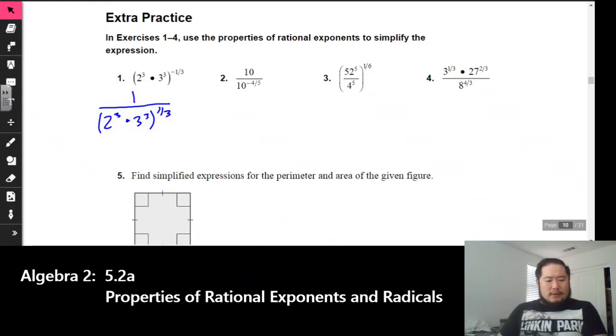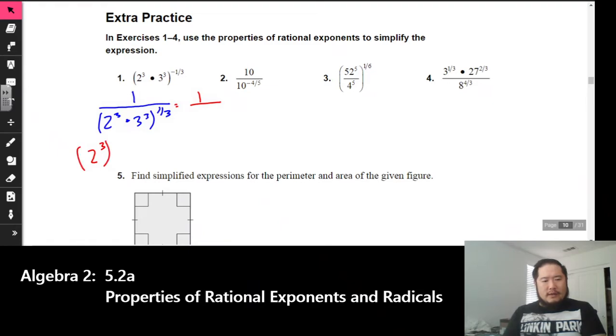Okay, so from there we have product of powers, or a power of a product in our denominator. And so remember, the rule here is that this exponent needs to go to both terms on the inside. And then when you raise a power to a power, remember, you're supposed to multiply things together. So this now turns into, let me put the work right here.